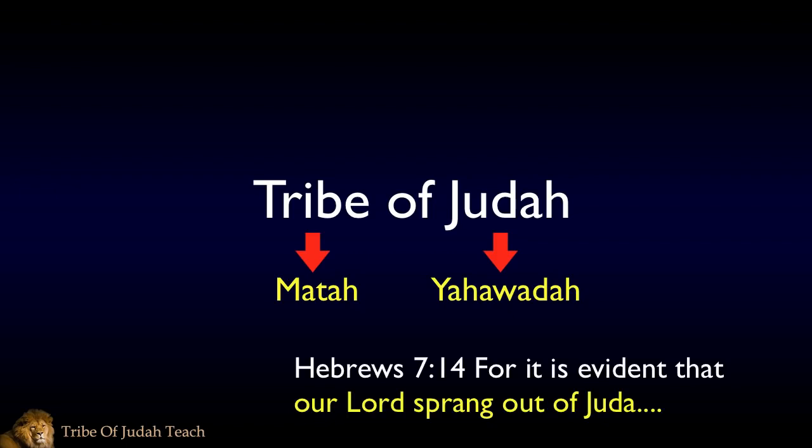Hebrews 7:14 says, For it is evident that our Lord sprang out of Judah. So you're telling me that the Most High brought the Savior of Israel into the world through a tribe named after Satan? Really? Stop it. That makes no sense.